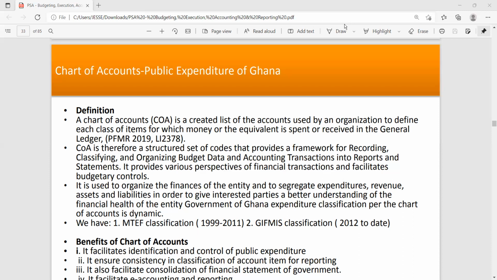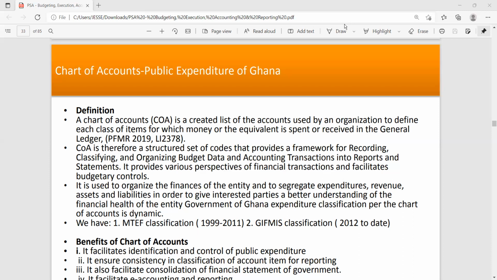It's basically a structured set of codes that provides some form of structure for recording, classifying, and organizing budget data and accounting transactions into reports and statements, right? Into reports and statements, because you want an accounting output that can be understood.